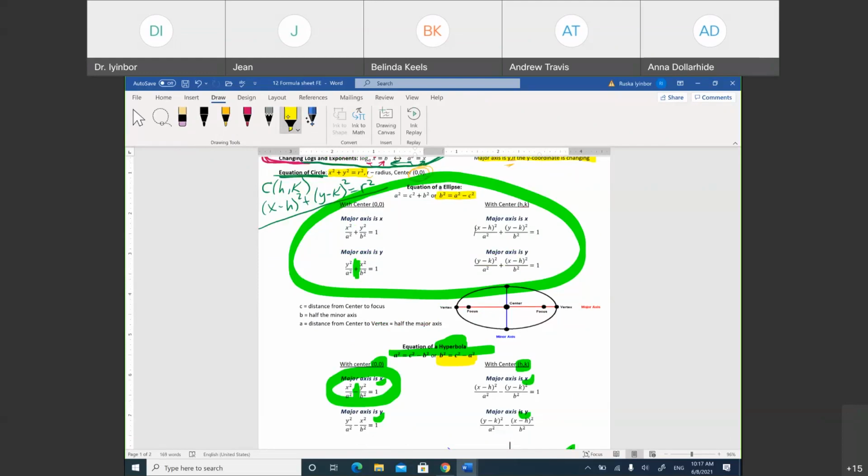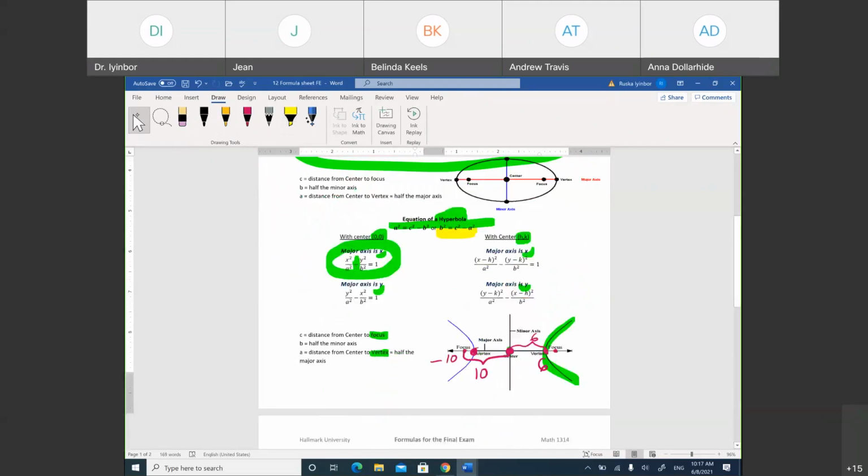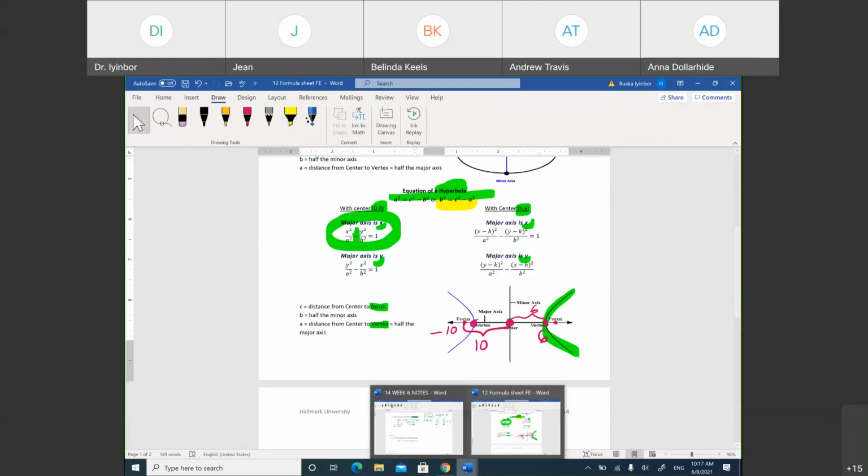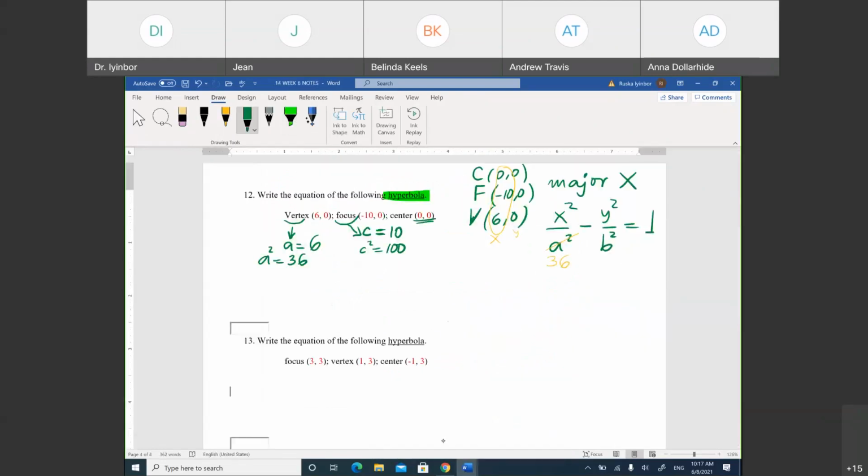It's backwards. So if you're working with hyperbola, you're looking at only the bottom formula sheet. So B squared is C squared minus A squared. Plug in the numbers: C squared is 100 minus A squared is 36. When you subtract those, it's 64.